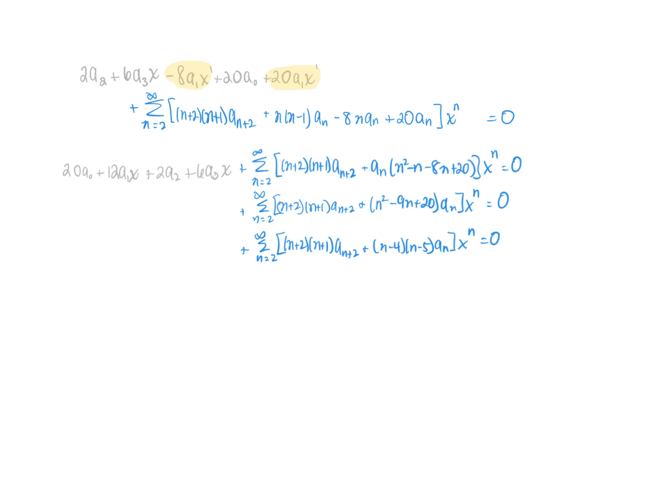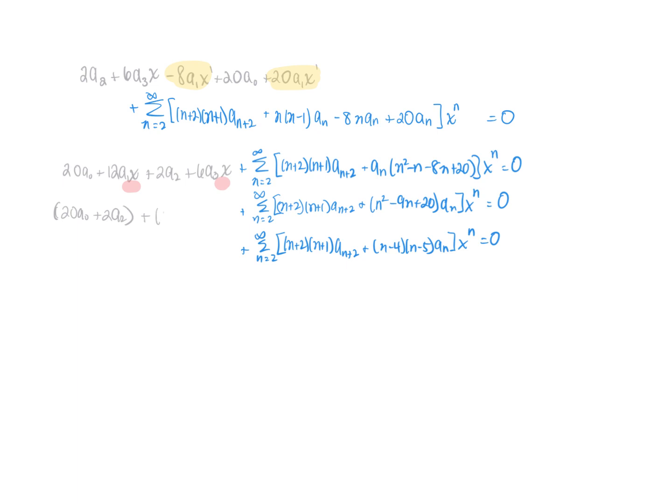And we still have all of these coefficients over here that have already been removed. But what we notice here too is that 2 of them have an x value and 2 of them don't. So let's maybe pair them up slightly differently. Let's do 20a0 plus 2a2.